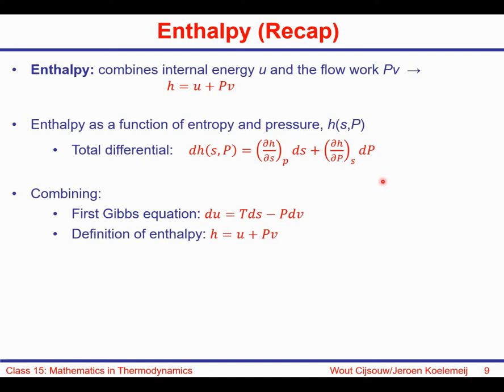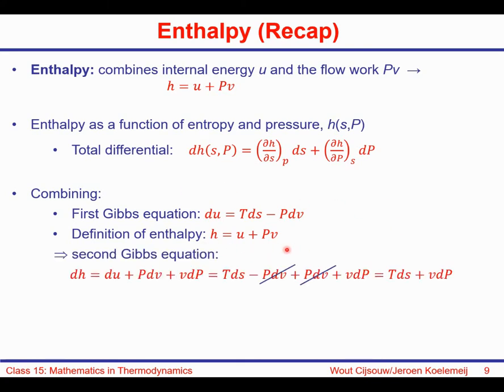Now, if we combine the first Gibbs equation with the definition of enthalpy, we find that the total differential dH is equal to TdS plus VdP. And you may pause the video to see if you follow this derivation here. And this expression here is also called the second Gibbs equation.